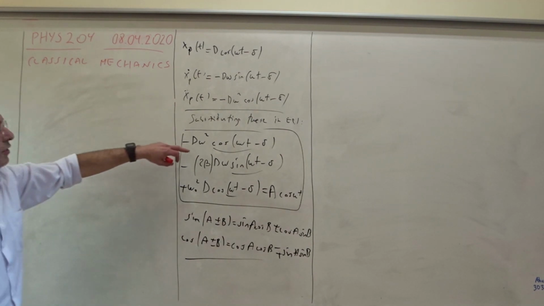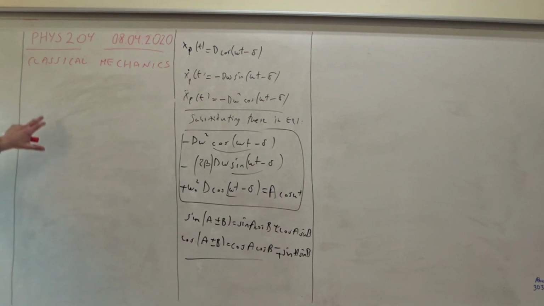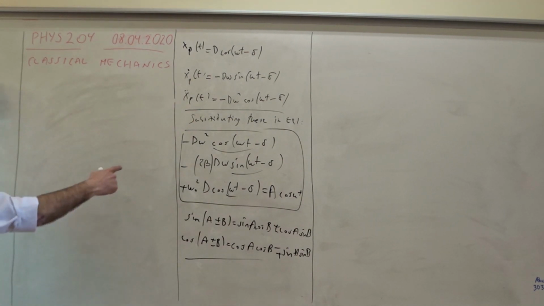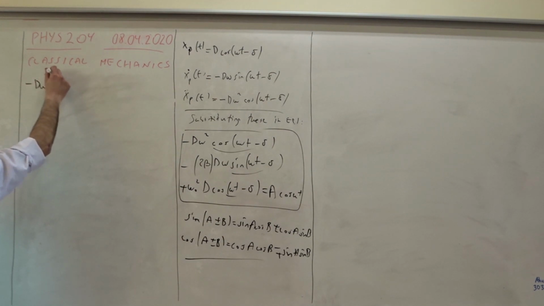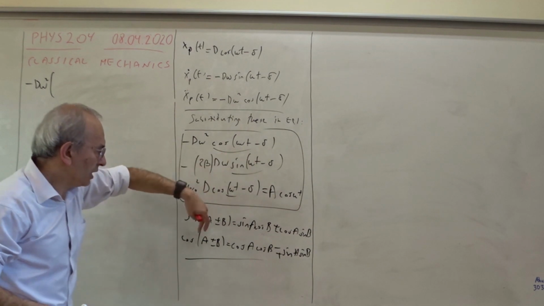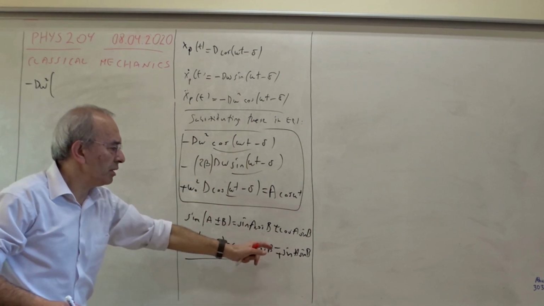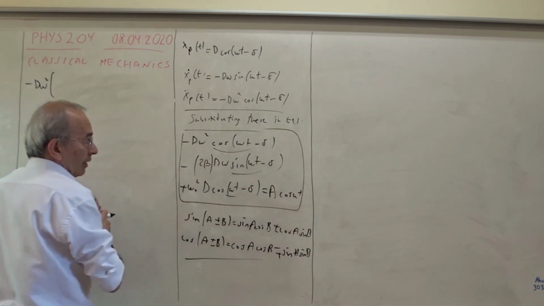So we will open these cosine or sine functions using these identities. Let me go line by line. Minus D omega squared. Open the parentheses. Now we have cosine A minus B. But cosine A minus B is just cos A cos B plus sine A sine B. A and B are omega t and delta.